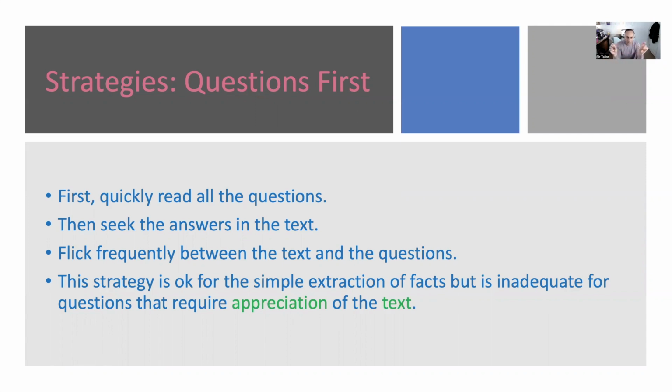And the options that you choose from in a multiple choice test are also text. Do you see? And that is also text that you need to take a reasonable interpretation of. So the word text could be referring to the passage or the question or the options. All of those are text.